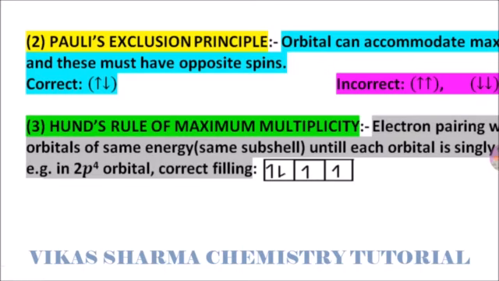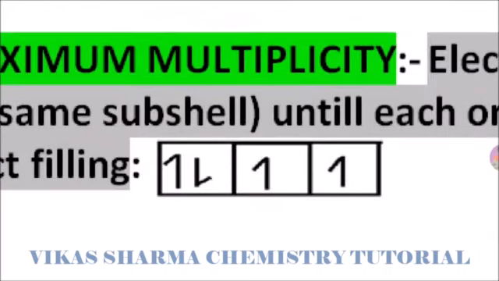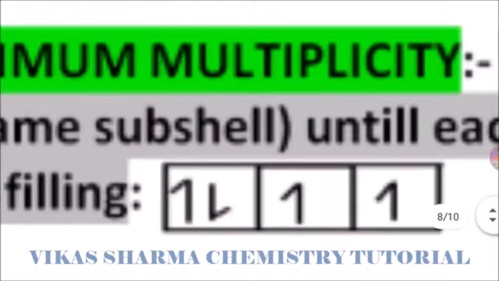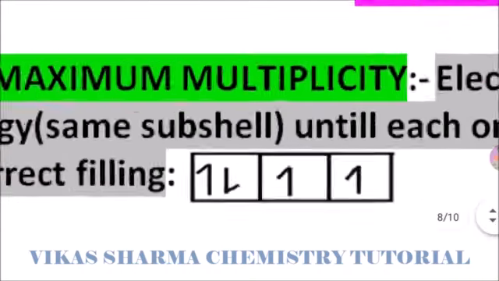For example, in the 2p4 orbital, first we fill the px orbital with one electron, then py, then pz, and then the fourth electron comes into the first px orbital, giving positive spin and negative spin pairing. So by this you can easily predict that there are two unpaired electrons and one paired set. Paired electrons means positive and negative spin electrons are found in an orbital, and if only a positive spin electron is in the orbital, it is known as an unpaired electron.